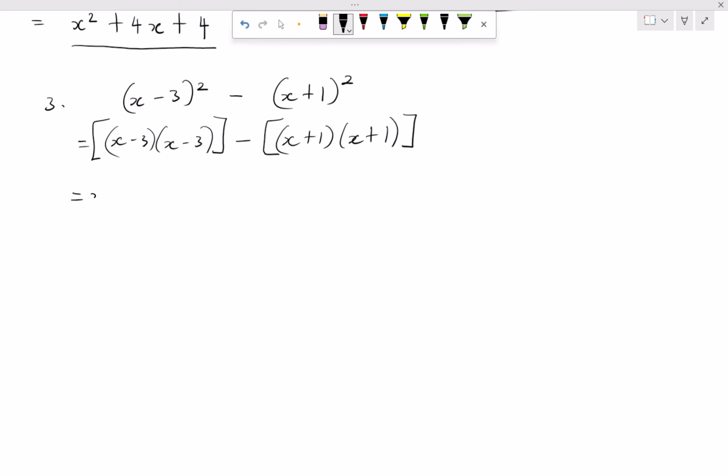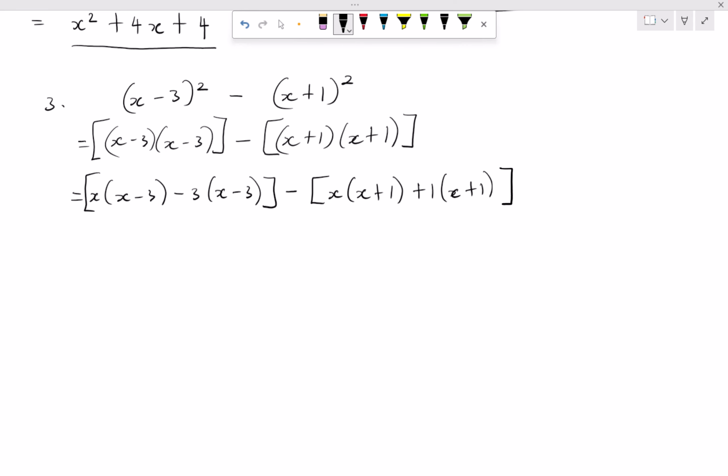So this becomes x minus 3 times x minus 3. Okay, that's the first part. And we're going to subtract x plus 1 times x plus 1. All right, and then we expand this. This becomes x squared minus 3x minus 3x plus 9.